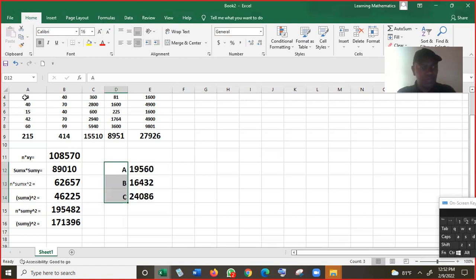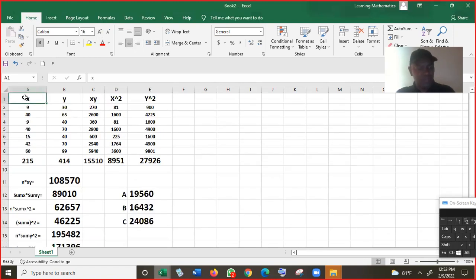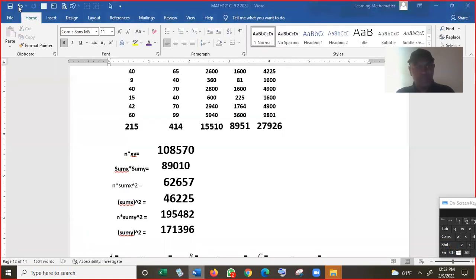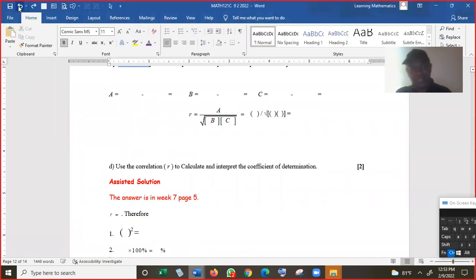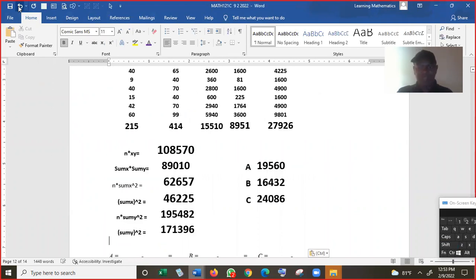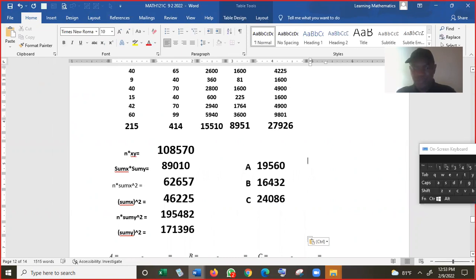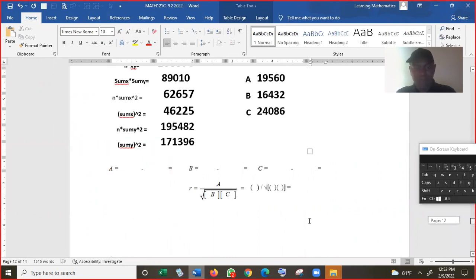So we can just go back again and copy all this working with A, B, and C included. Go back to our working, just undo this, all right, and just paste our A, B, and C. Then we can simply substitute into the formula for R.